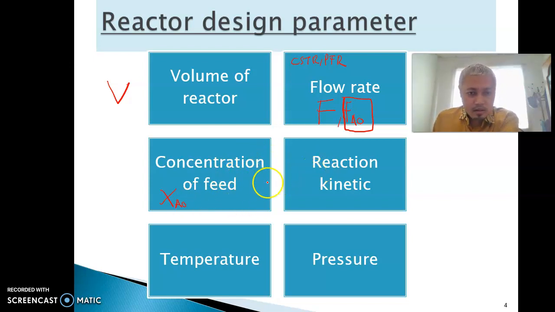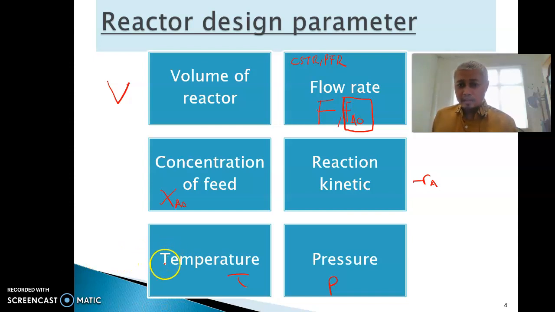And then concentration of feed, reaction kinetics, normally we use negative RA, and then temperature and pressure. So these all are the important parameters in designing a reactor. Temperature, for example, if you want to do crystallization of carbon dioxide, convert CO2 gas to solid CO2, the temperature is very important.